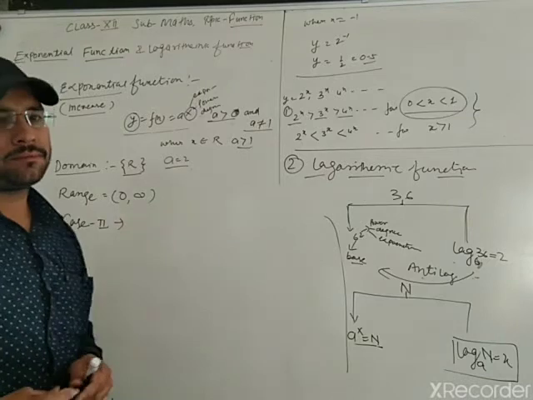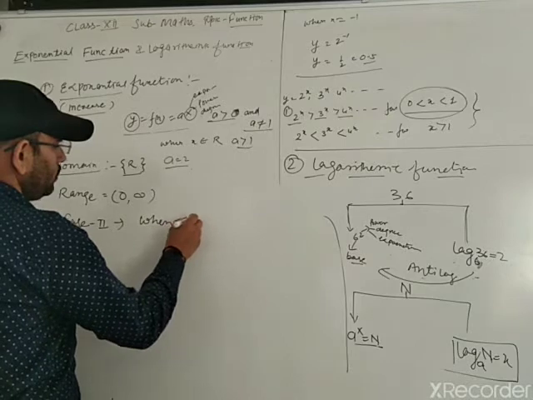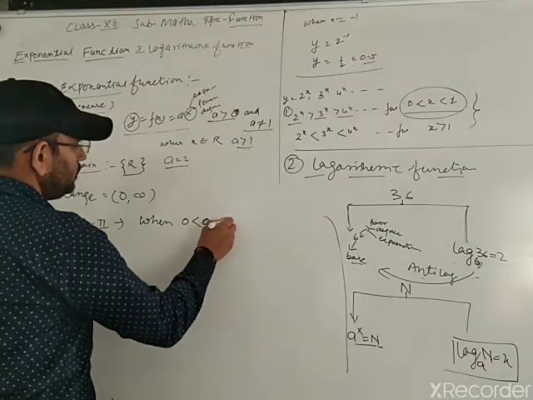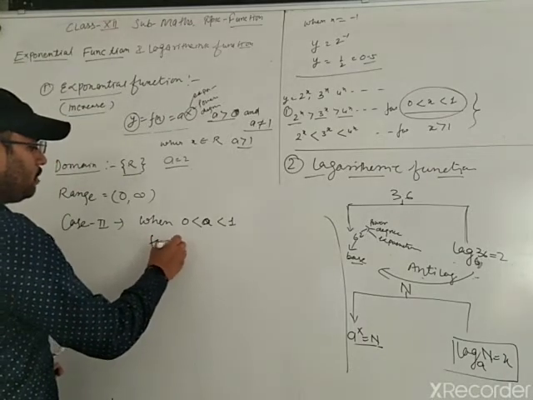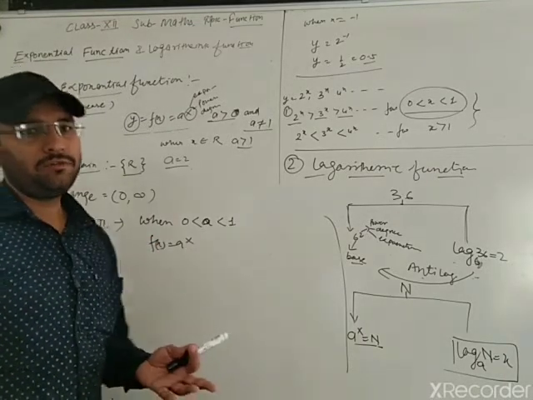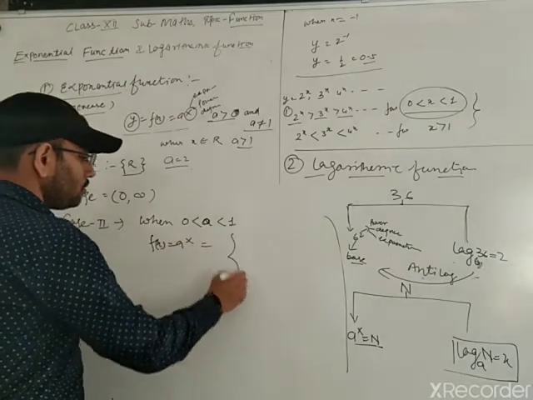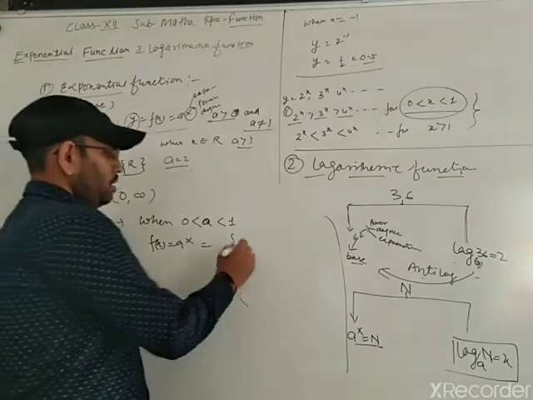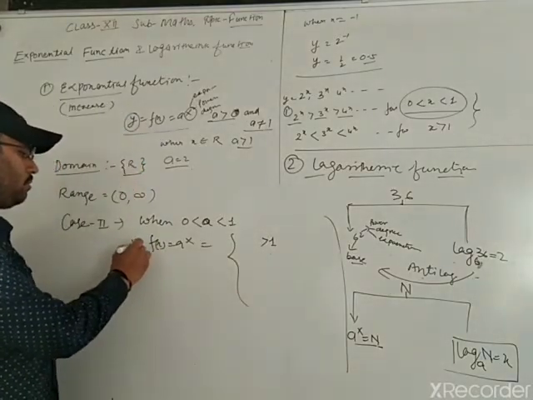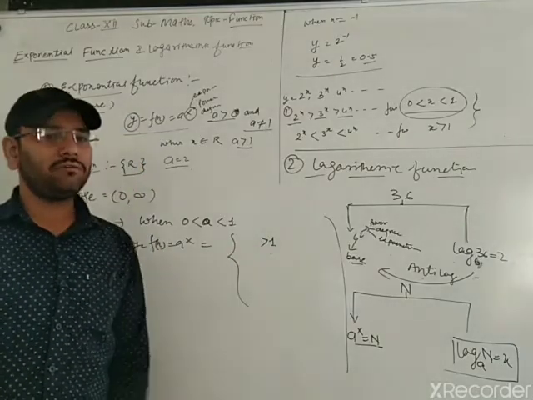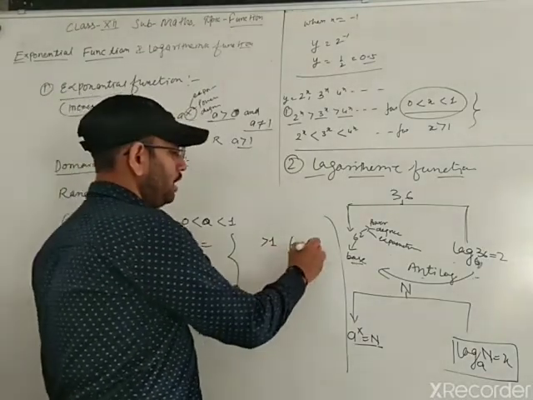Case second. What? When a is greater than 0 and less than 1. Clear? f(x) = a^x is any function. In that case, again 3 cases arise. The value of the function y = f(x) is greater than 1 for x less than 0.